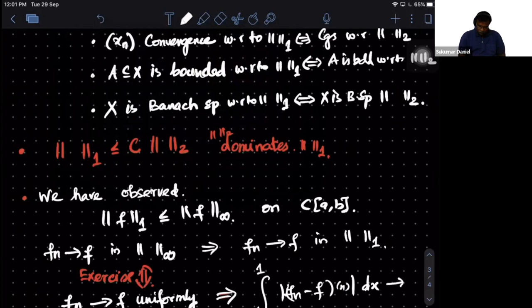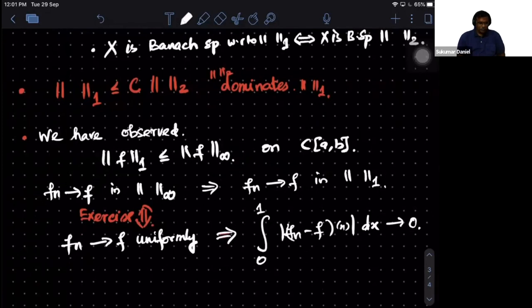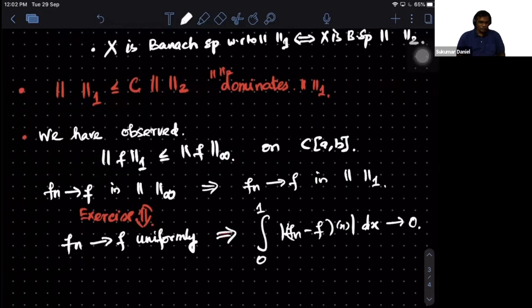So this goes to 0. And this is something you already know: if fn converges to f uniformly, then the integral also converges. Have you come across this before?